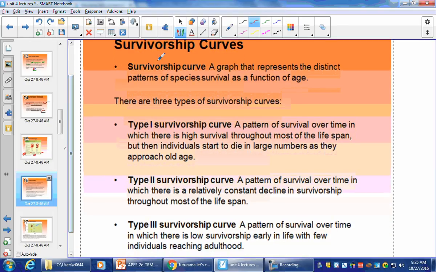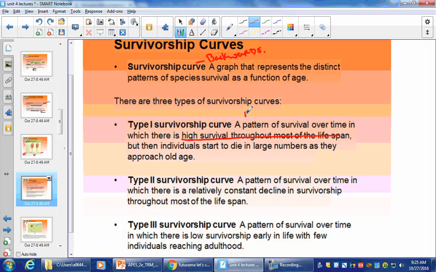Survivorship curve. What you need to know about survivorship curves is these are essentially backwards growth curves. Type 1 is high survival through most of the lifespan. So your type 1 is going to be your K-select.